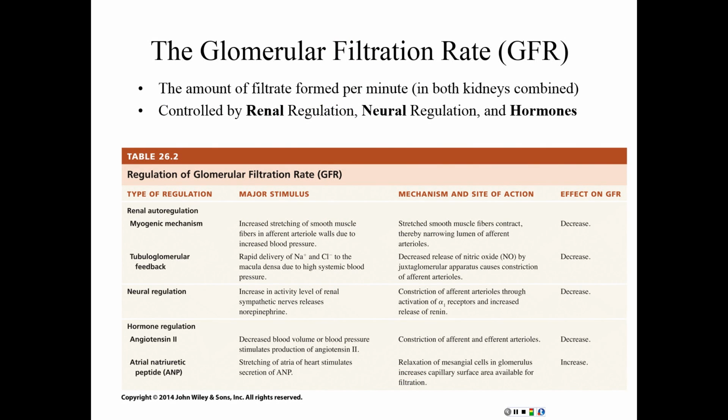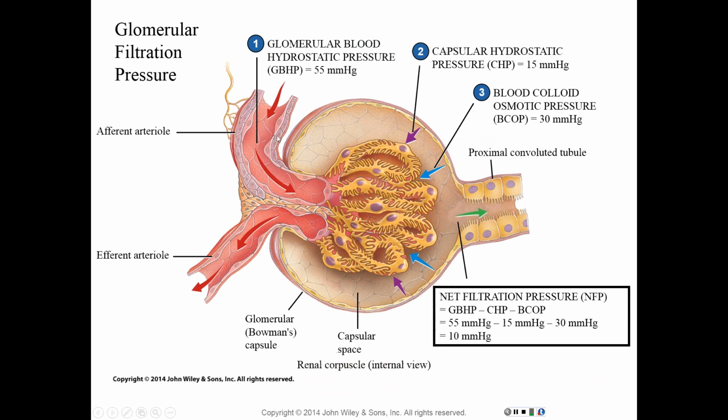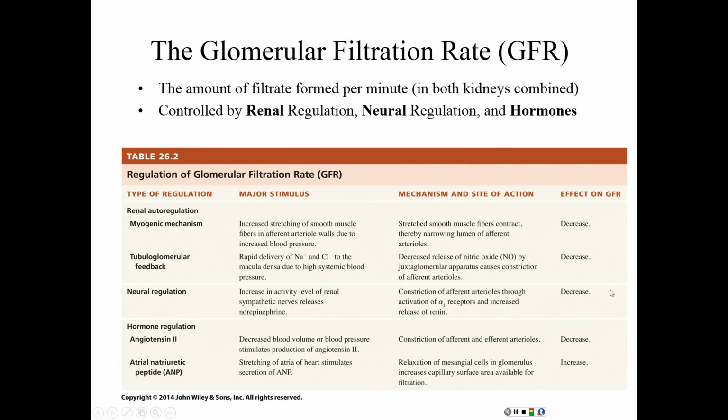Norepinephrine, in most cases, causes vasoconstriction, particularly on the alpha-1 receptors, which are excitatory. So with neural regulation, increased sympathetic activity of norepinephrine leads to constriction, particularly at alpha-1 receptors. If you constrict this vessel, less blood flows in, and you wind up decreasing the glomerular filtration rate. Angiotensin II, remember the RAA pathway, is another powerful vasoconstrictor.